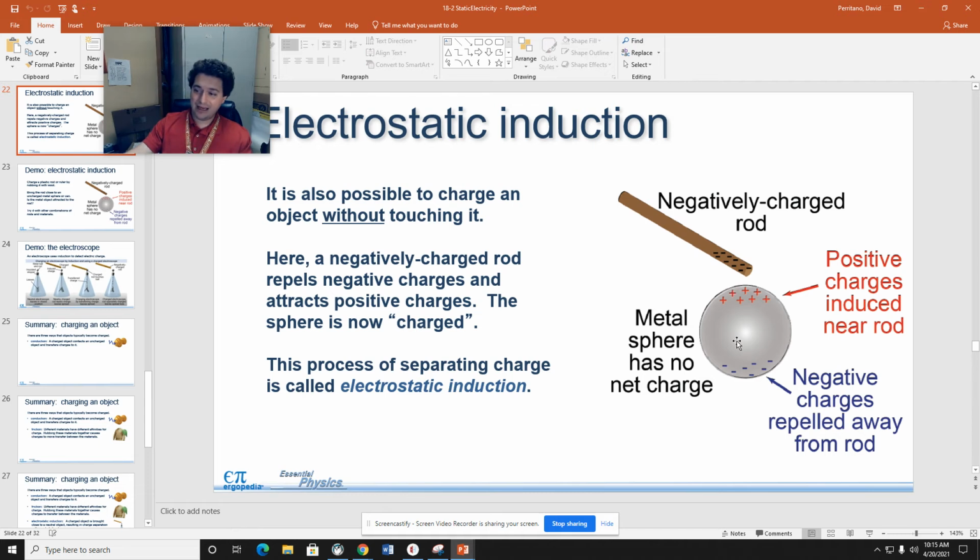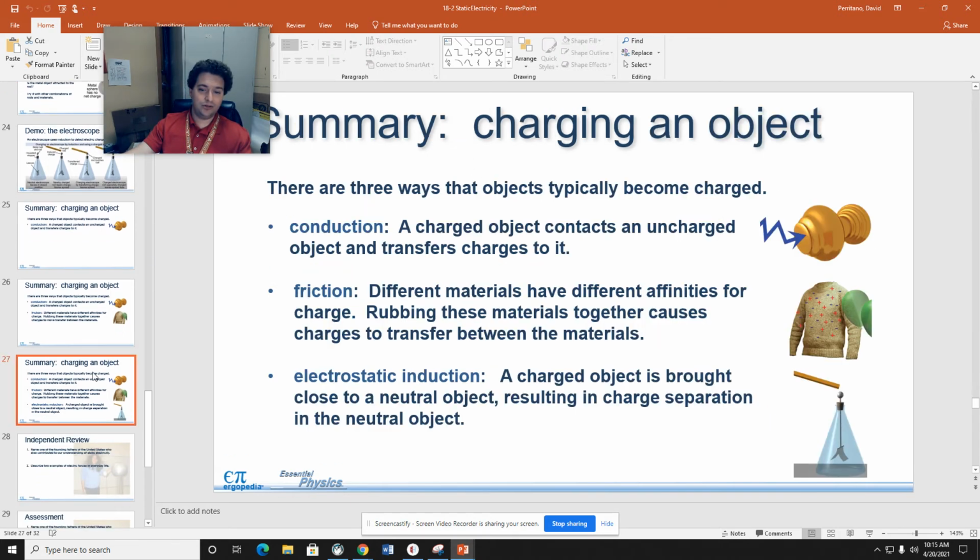So you actually can make something charged on two different ends through electrostatic induction. It's a method to separate charges. And you do need to know that there's three main methods to separate charges. Conduction, actually pulling electricity from something, friction, and electrostatic induction.